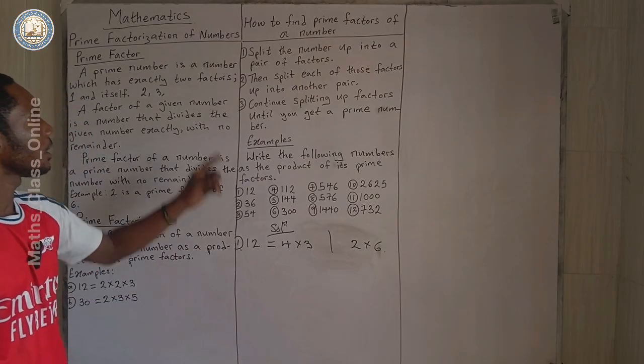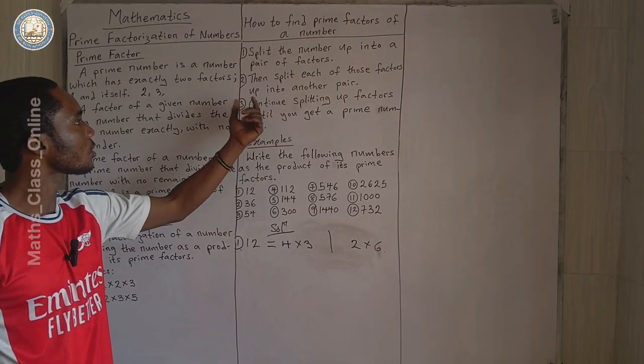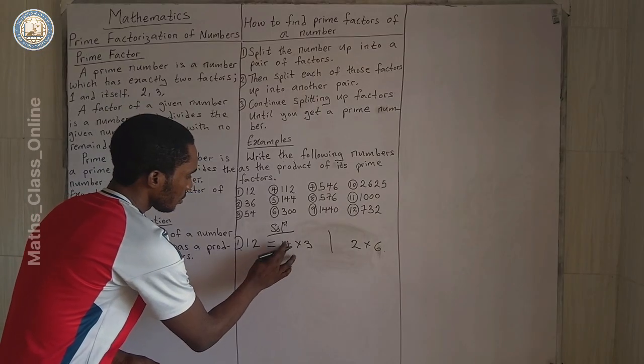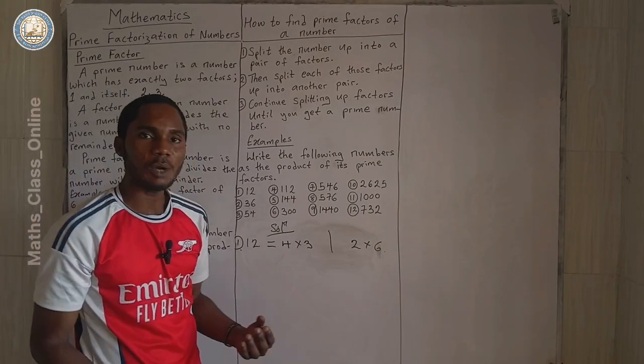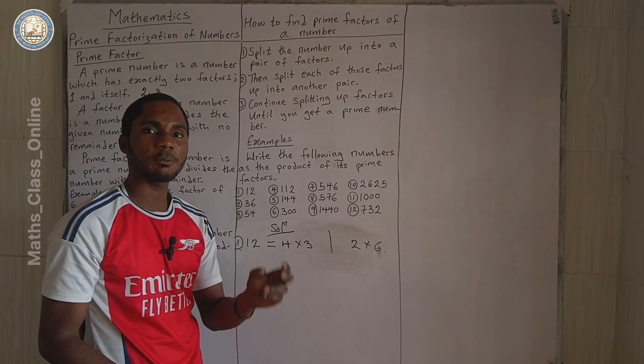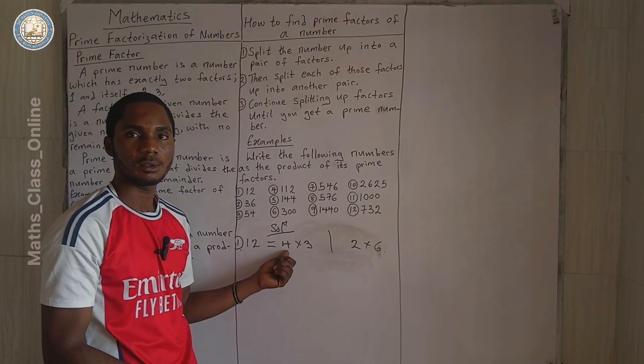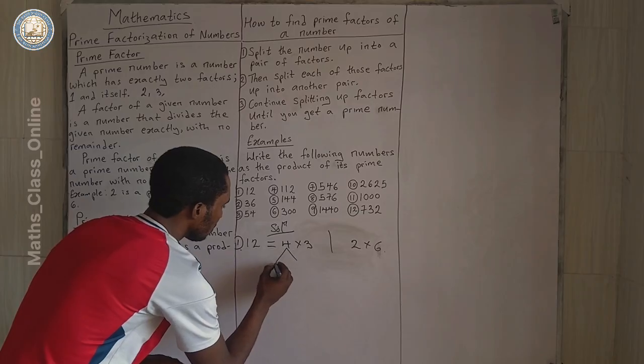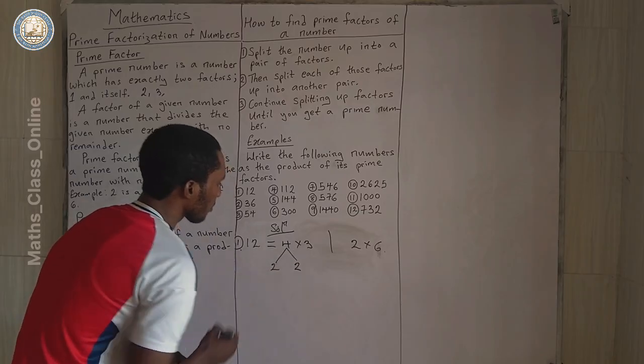Step 2. Then split each of those factors up into another pair. Can we have two numbers that if we multiply them together, we will get 4? That is 2 times 2. We are going to split this 4 into 2 times 2.